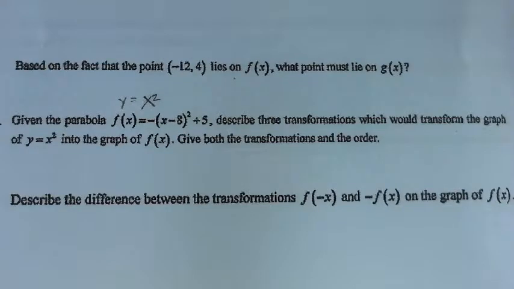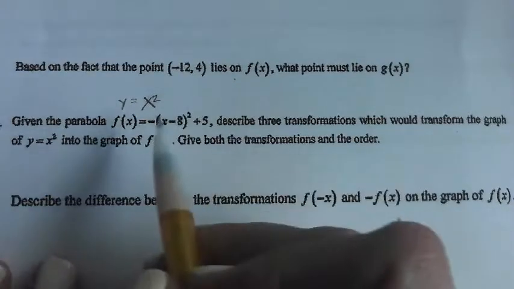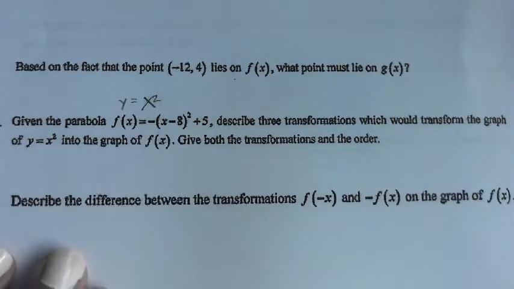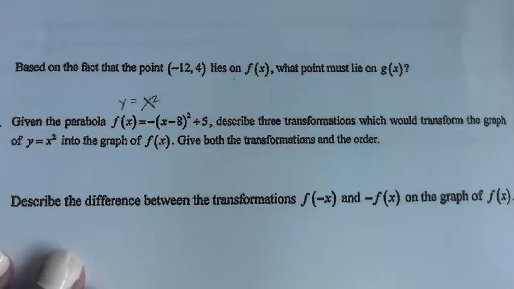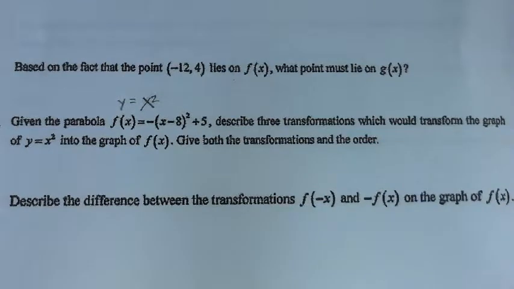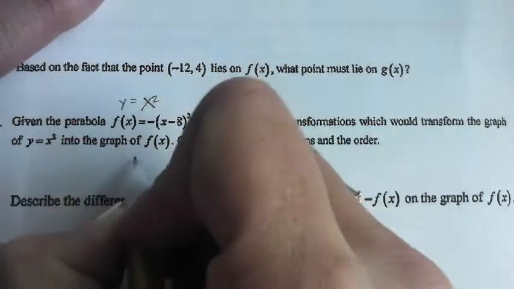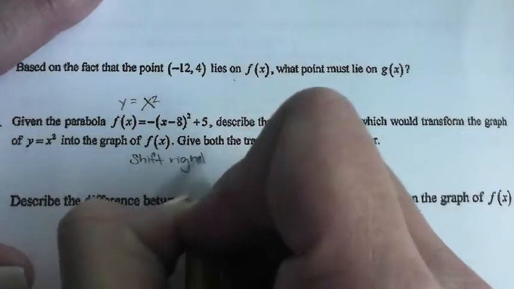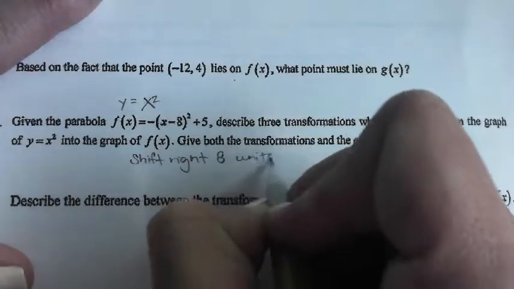It's in the parentheses, right? It's within the parent function, like it's within what was being squared. So, horizontal stuff is always going to come first because it happens within the function. So order of operations says that has to happen first. So it's going to be a shift right 8 units.